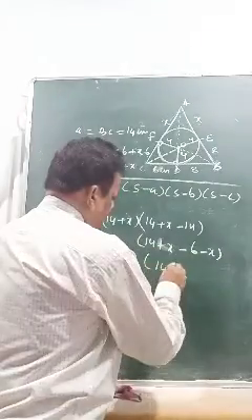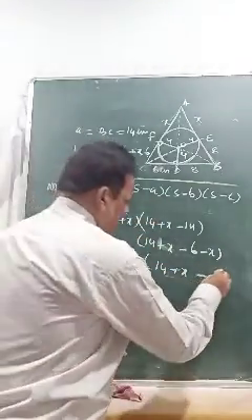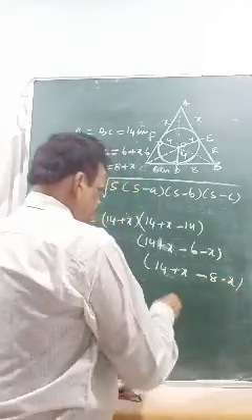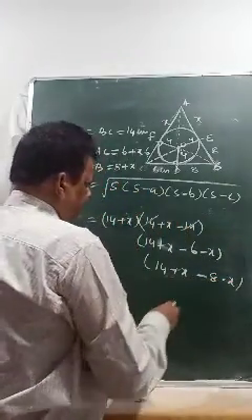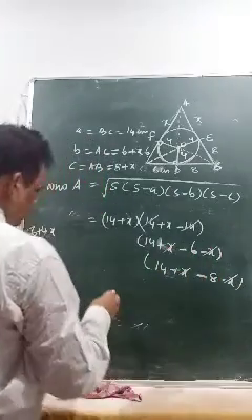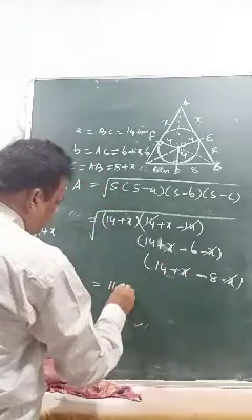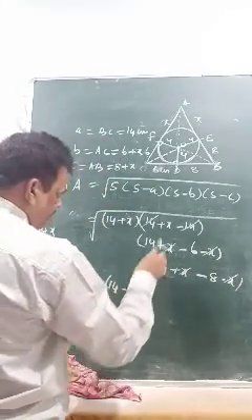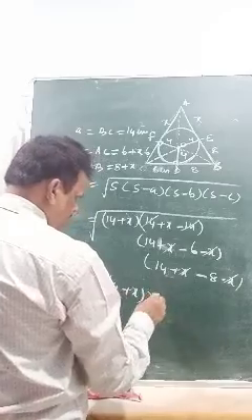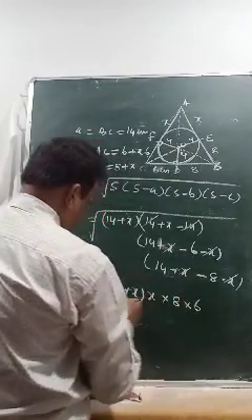Then 14 plus x minus c, 8 plus x, minus 8 minus x. So here 14 is cancelled, here x is cancelled, here also x is cancelled. So how much did you get? Root over is here: 14 plus x, this is x, this is 8, this is 6. Root over.